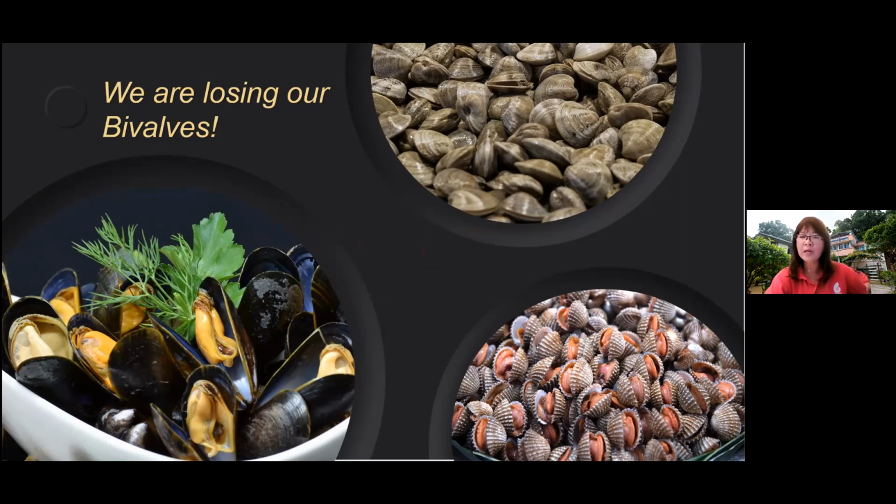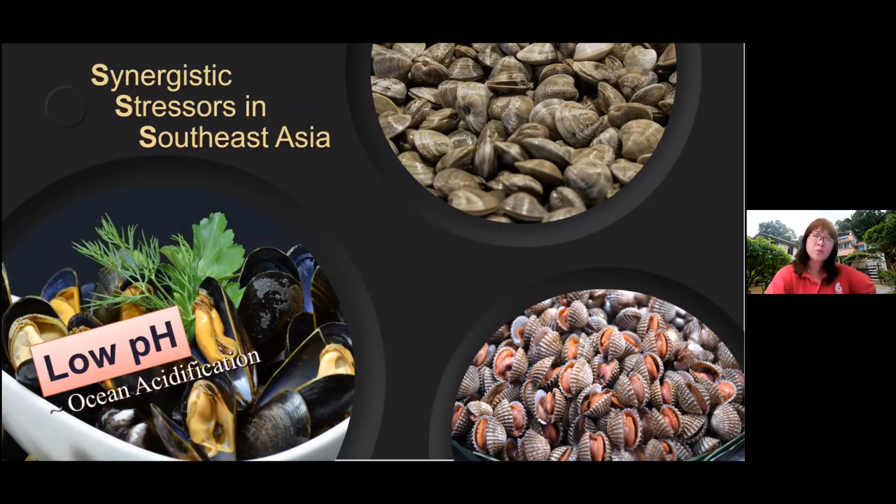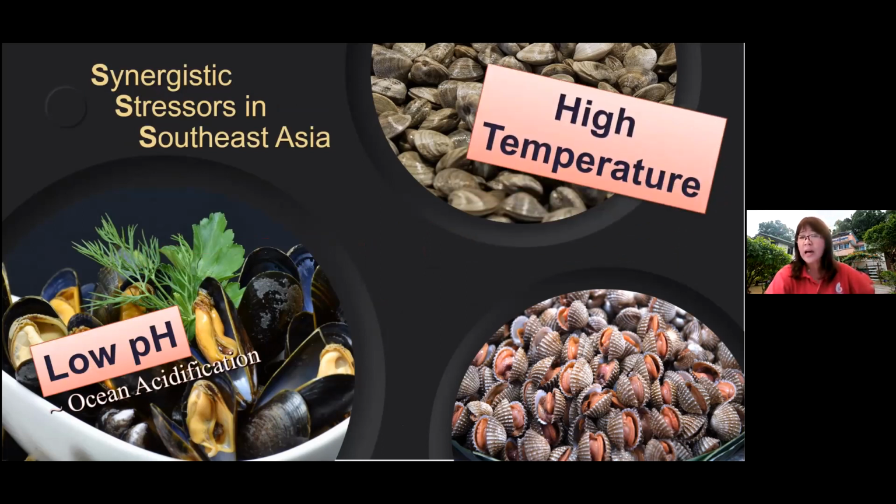Why are we losing our shellfish, the organisms that have shells? Due to low pH, usually related to ocean acidification, and high temperature, because when you're talking about climate change, a lot of times the public would link it with increase in temperature.